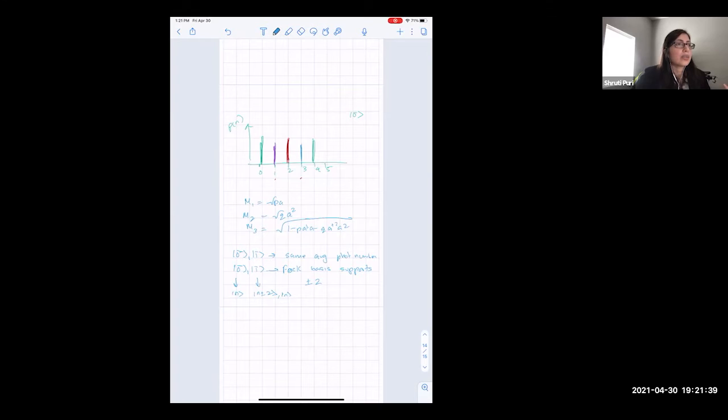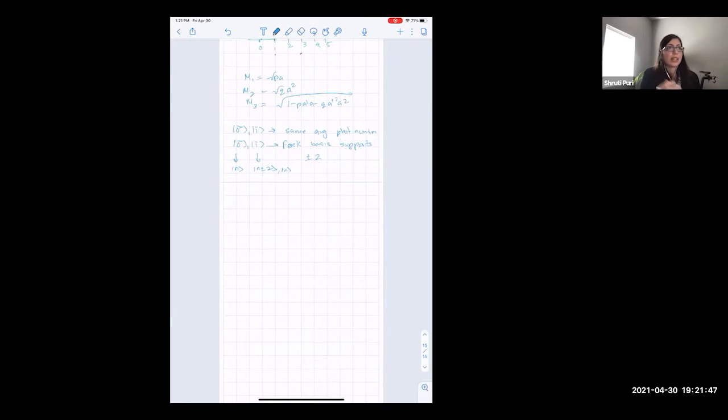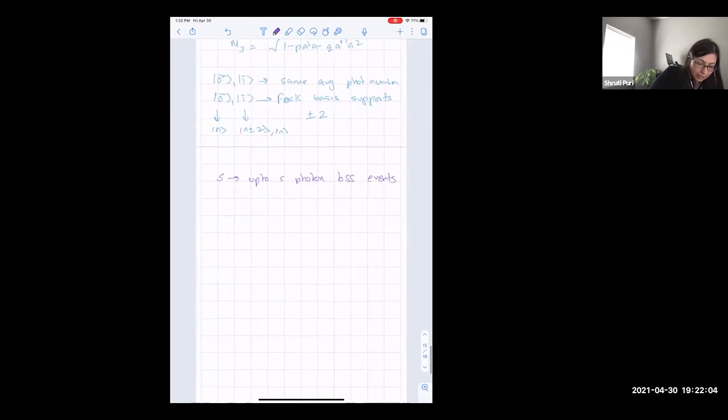And I can just write the code words for you. So the code words for a binomial code, which can correct for up to S photon loss events. That's the terminology I've used. So if you want to correct for up to S photon loss events, then the code words are 0 bar is 1 over square root of 2 to the S. P is an integer, it's even, going from 0 to S plus 1.